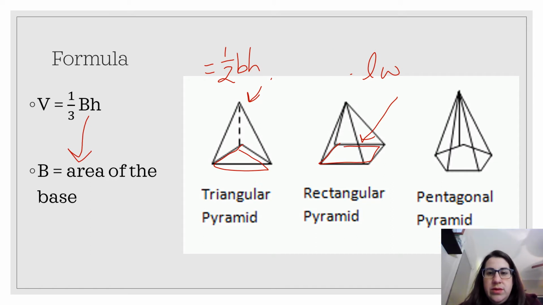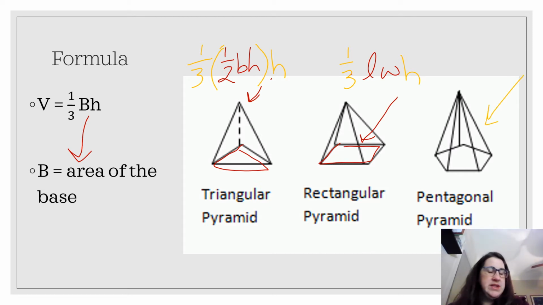So our formulas would look like this. I'm going to add in 1/3 here, and the H. Add in 1/3 here, and the H. Right here, this is a pentagonal pyramid, which means that the base is a pentagon, but we don't have to worry about that this year.